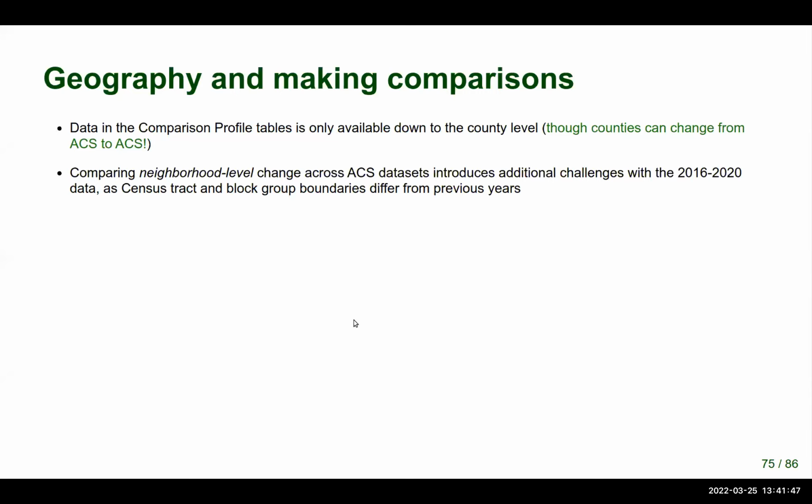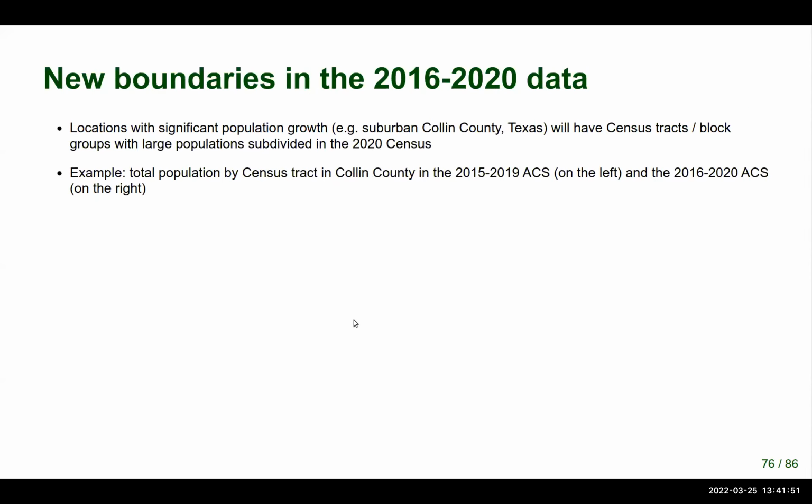So how do you handle this? I'm going to show you a couple methods for thinking through this. But this is particularly acute if you're working in a location that has had massive population change, so significant population decline or significant population growth. What the Census Bureau tries to do is keep census tracts at about an average of 4,000 people when they redraw them.